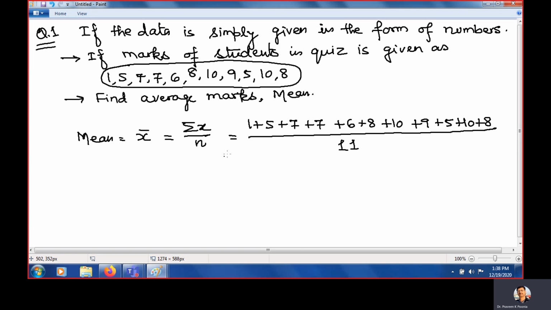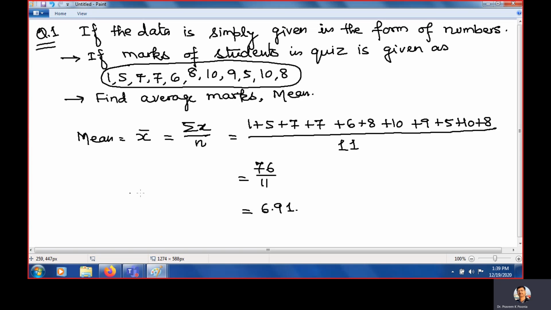Clear? You can add these numbers using a calculator. The sum will be 76 upon 11. If you divide 76 by 11, it will be 6.91.